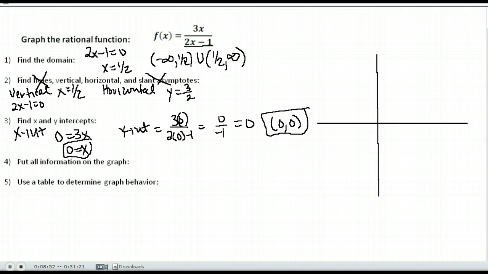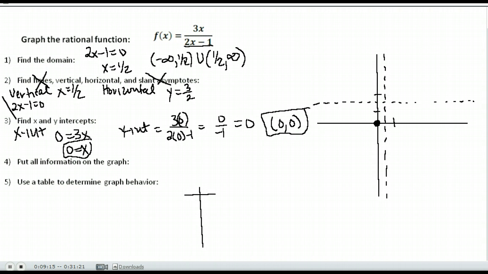So I have asymptote at x equals 1/2, and a horizontal one at 3/2, or 1.5. And I know I have a point at 0, 0. Let's put some more points in that are close to our asymptote 1/2.